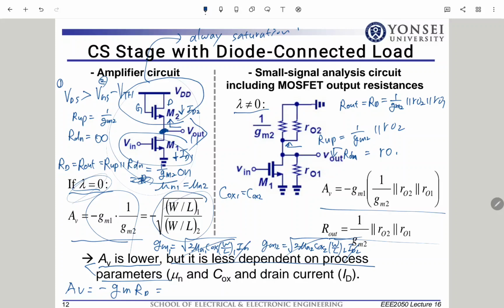But we can eliminate all the variations, because the voltage gain is only the ratio between W over L of the M1 and M2 transistors. Okay? Sounds good, right?